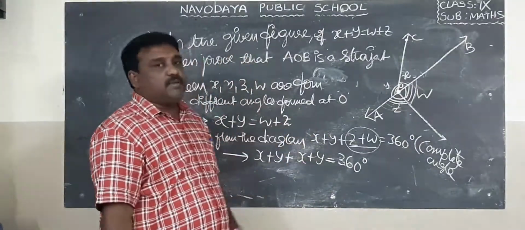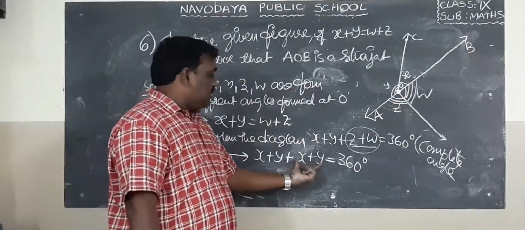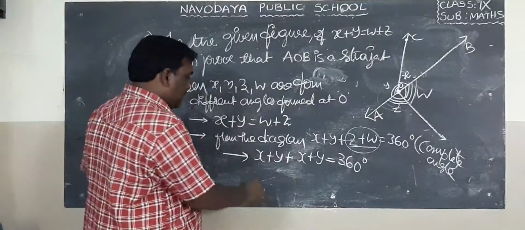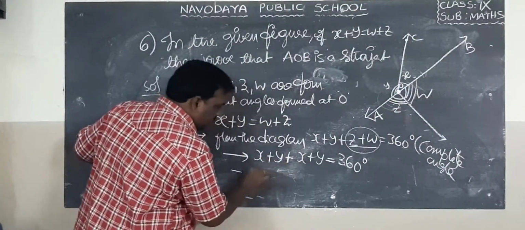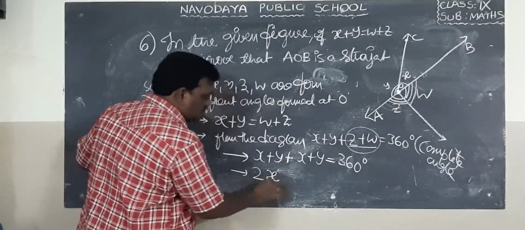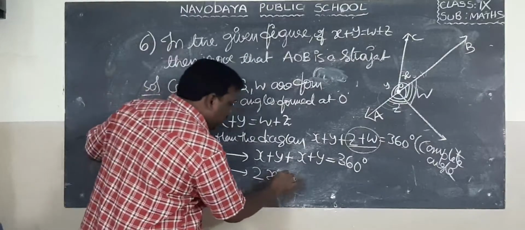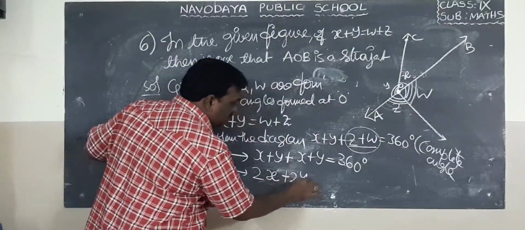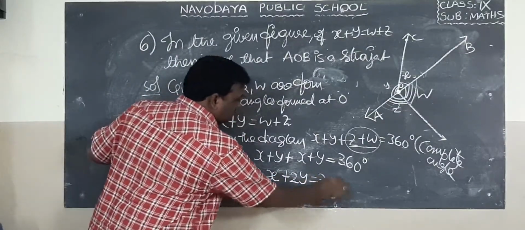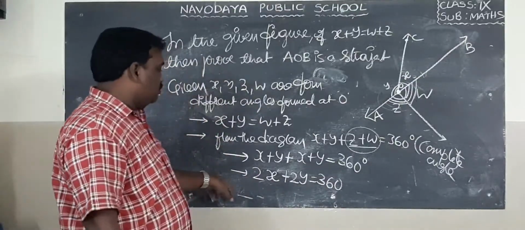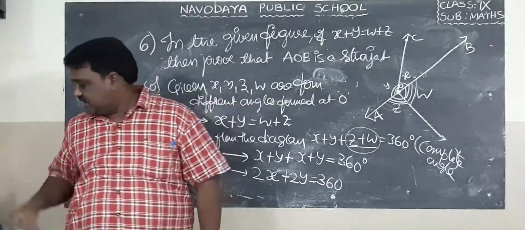Add. How many x's are there? 2 x's. How many y's are there? 2 y's. Equal to 360. 2x plus 2y equal to 360.